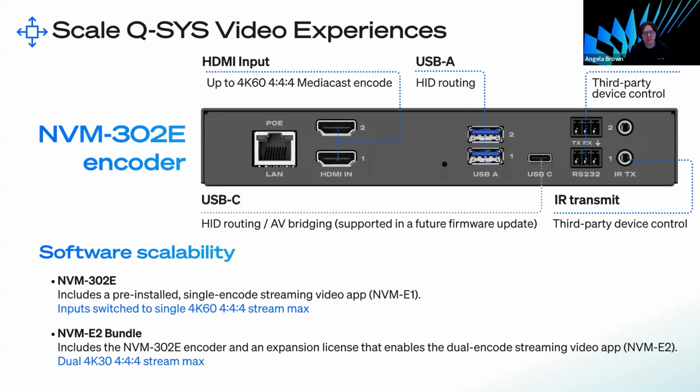And then we've actually got some I/O here in terms of control. We've got two RS-232 ports and two IR ports. You might be thinking, well, IR needs to die a slow and lonely death somewhere on a highway in the middle of the United States. But it's not going to, especially in what I would call the prosumer world of distributed video.